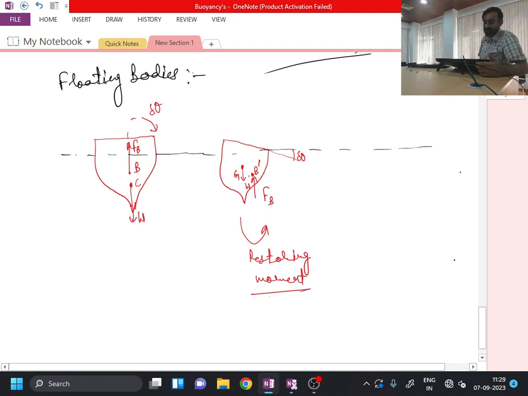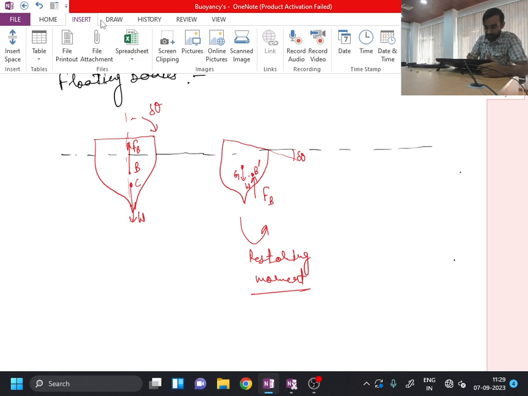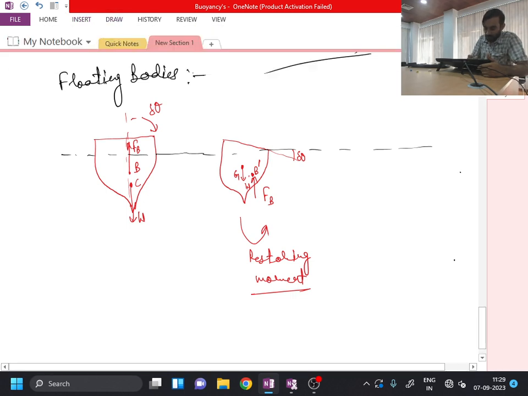Okay, in this restoring moment, one interesting point is, if I extend the older line of action of the buoyancy force, you can see that when the body was in perfect vertical orientation, then about its line of symmetry my buoyancy force was acting. So I can draw the line of symmetry as something like this. This shape is drawn a little bit wrongly.